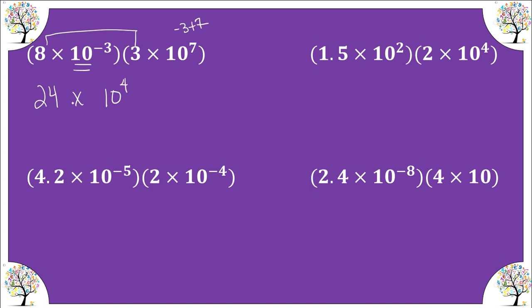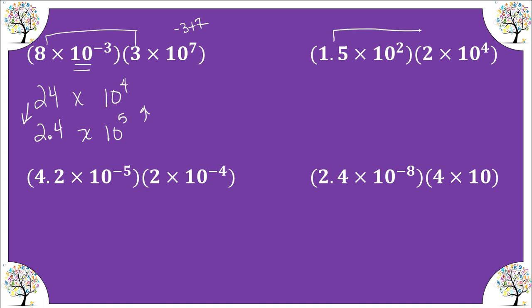Now again, this is not in proper scientific notation. This 24 needs to be 2.4. So I went down in value here, so I need to go up on my exponent. So if I moved my decimal one place, I increase this exponent by 1.